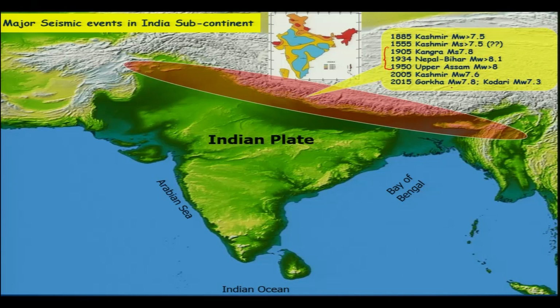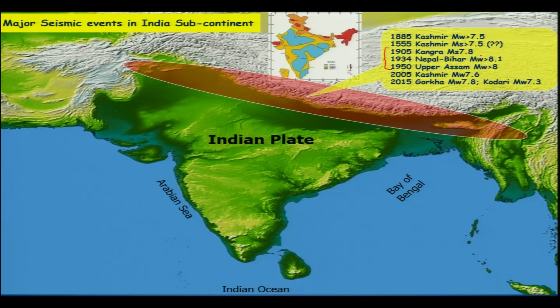2015 was the Gorkha earthquake. In a 2 month period we had 2 earthquakes. One was the main shock, and the other is considered an aftershock or a triggered earthquake because of stress transfer. So, the question comes whether only those earthquakes listed here have occurred in the Himalayas.